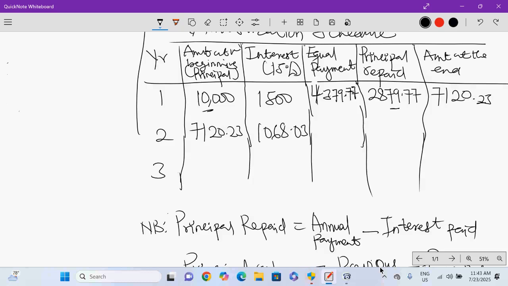Right? So now the equal payments will be constant, so you write 4,379.77 throughout. If I bring the bracket here, it shouldn't confuse anyone because we are making the payment.